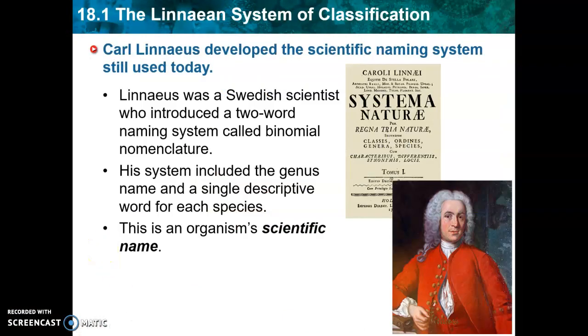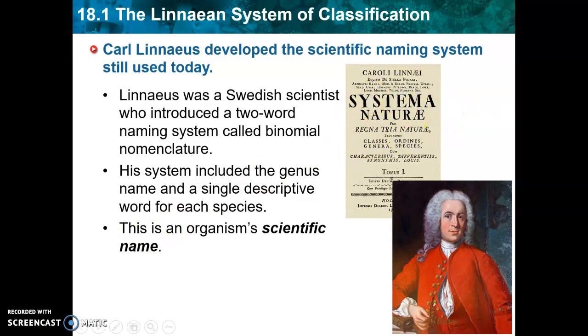The person who first came up with this classification system was named Carl Linnaeus, and he was a Swedish scientist. He set out on this very ambitious mission to categorize and name all of the living things on Earth and give them each a unique 2-part name. He actually wrote about it in Systema Naturae here.